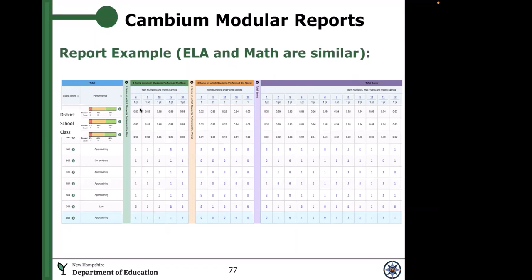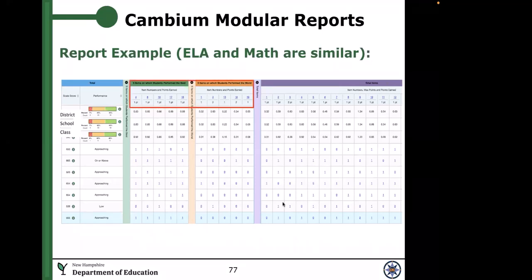Then if there are 10 or more questions on your assessment, you'll get 5 items that the students did the best on and 5 items that the students did the worst on. There are a couple of math assessments that might be 8 questions, so you won't get this there. And then you'll get your total items here.